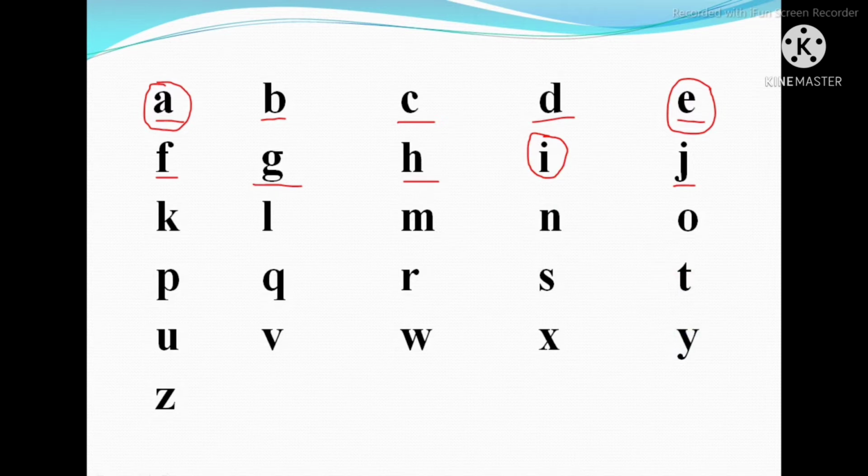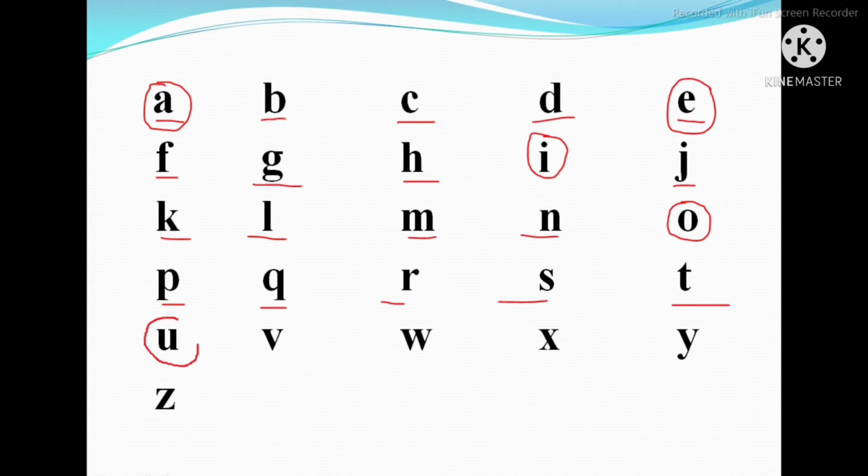I is another vowel. J, K, L, M, N are consonants. O is another vowel. Again, P, Q, R, S, T consonants.